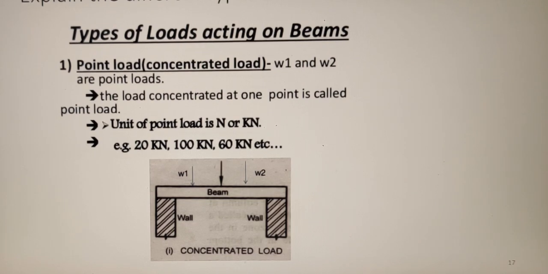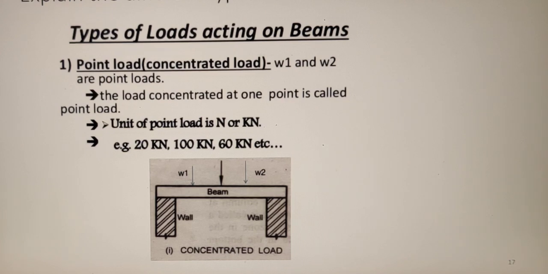So the first classification of load is concentrated or point load. Here you can see a simply supported beam. The beam is resting on two simple supports, that is a wall. Here point loads W1 and W2 are applied.